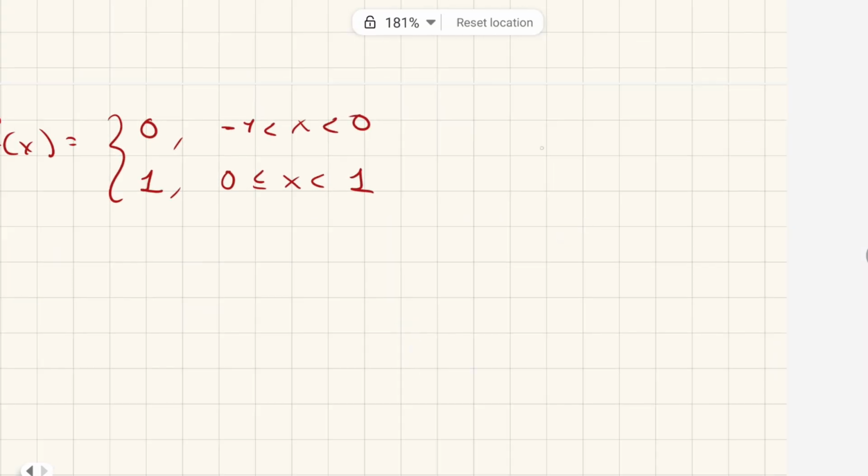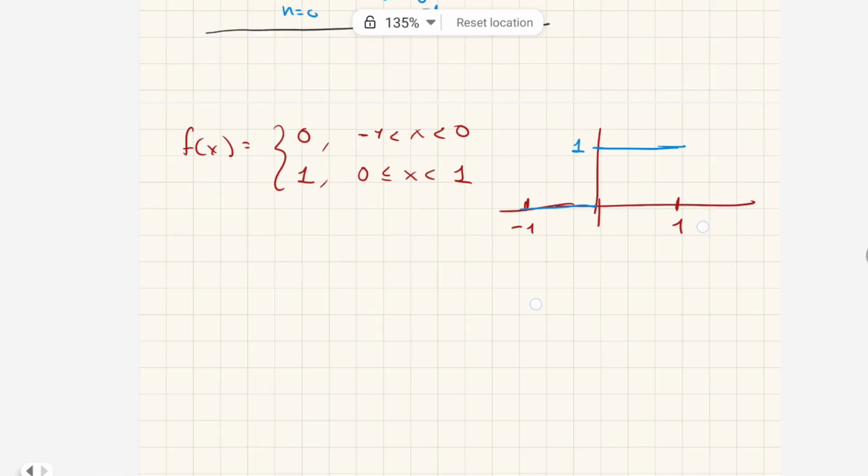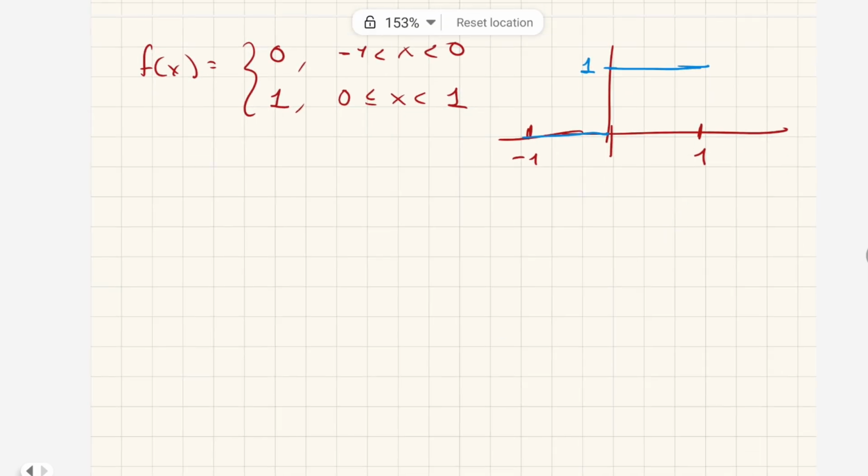Okay, so just to make a quick graph of this, it will be -1 here, 1 here, and then we have a 0 here, and then let's say that this is the value 1. Okay, so that is the easy function that we want to express as a Fourier-Legendre series.